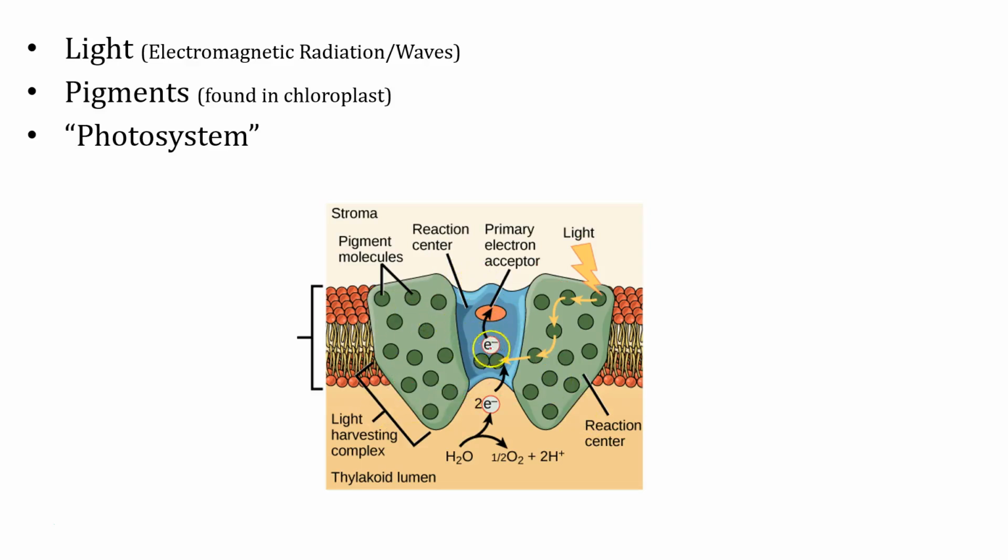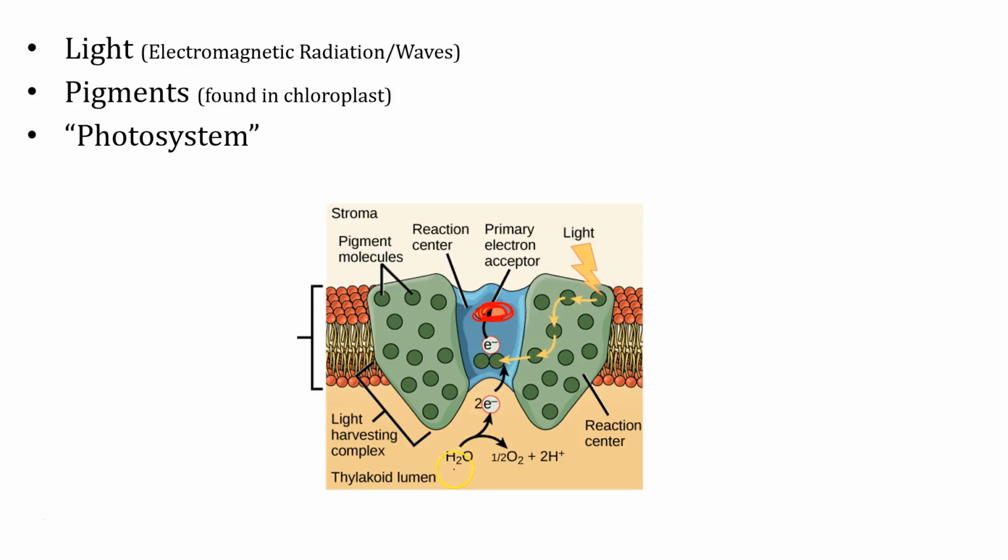Once they reach a certain level of excitement, all of these are donating their excitement to the two pigment molecules in the middle, and eventually these get so excited that they pop out an electron. The electron goes boom and it comes out. In reality, it lands on this thing called an electron acceptor, but we won't talk about that right now. The key idea is that light hits these photosystems and an electron pops out.